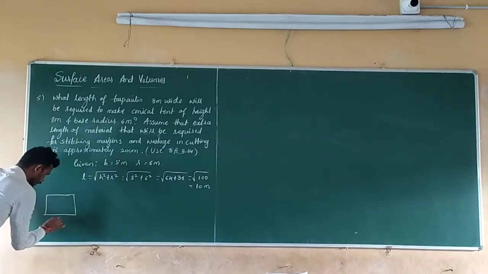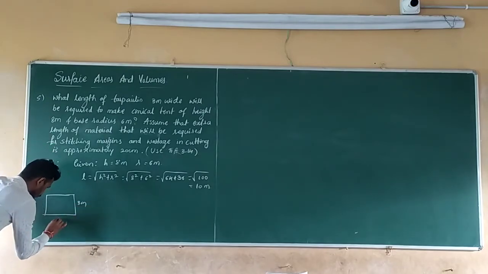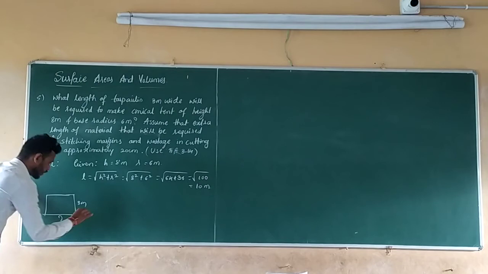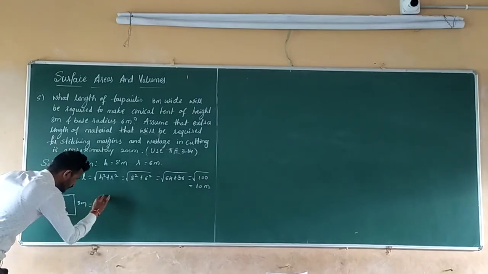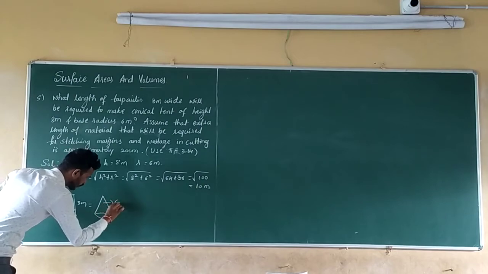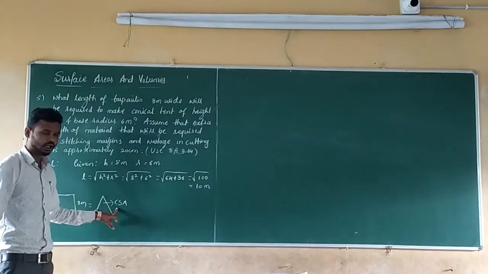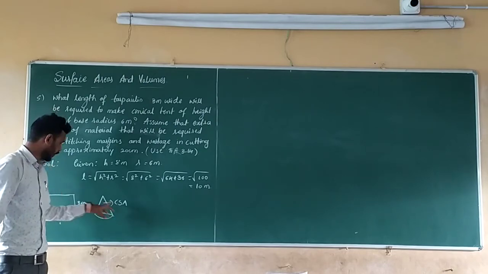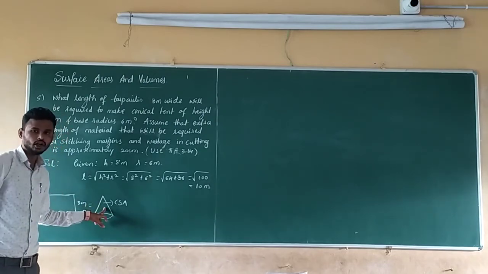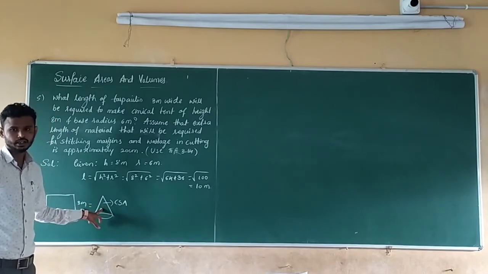Here the tarpaulin is in the shape of a rectangle. Width is 3 meter. We need to find the length. If you cover this conical tent, we need to cover the CSA. So the area of the rectangle will be the CSA of the conical tent.